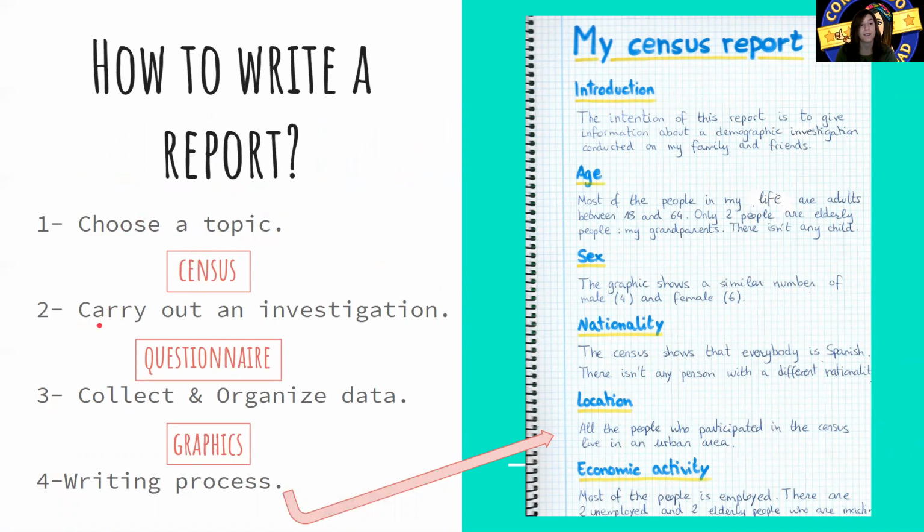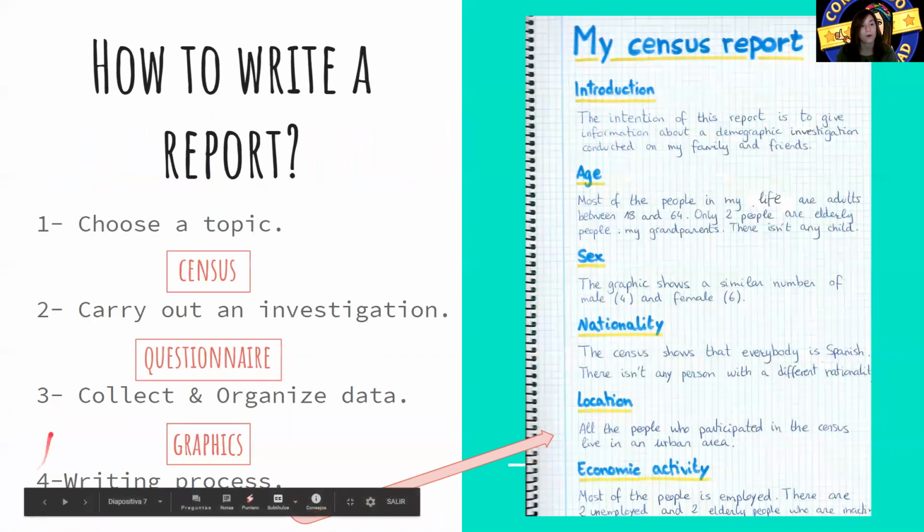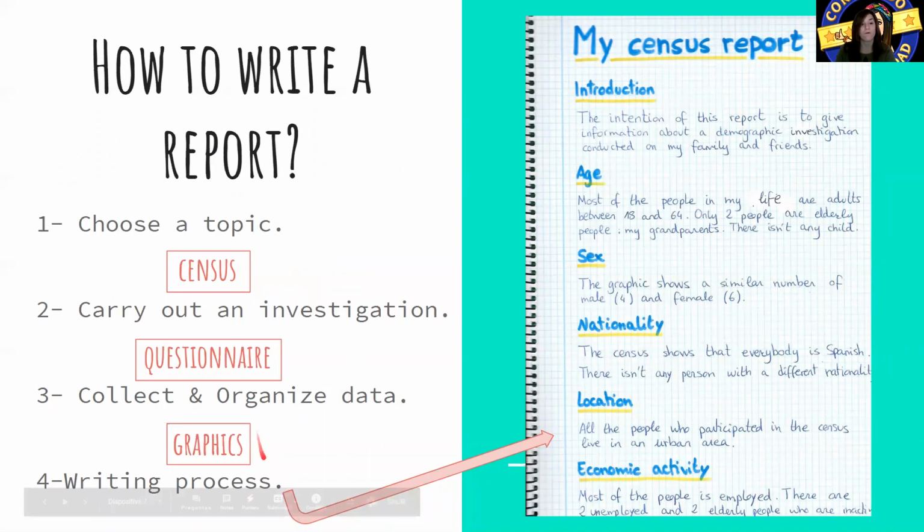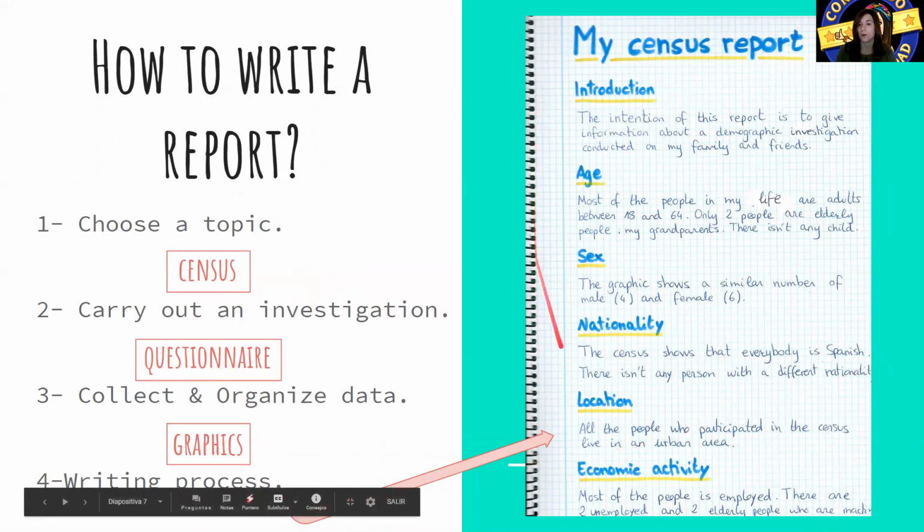Second step is to carry out an investigation, which is the questionnaire that you did last day. And today we are going to work on step 3 and step 4. We're going to collect and organize data, and we're going to draw some graphics. And finally, the last step will be the writing process, which will be this report.